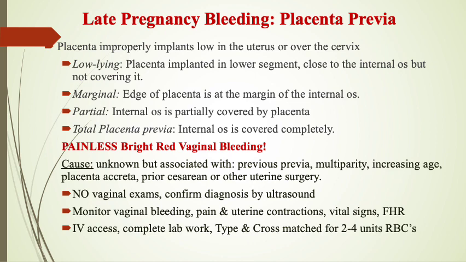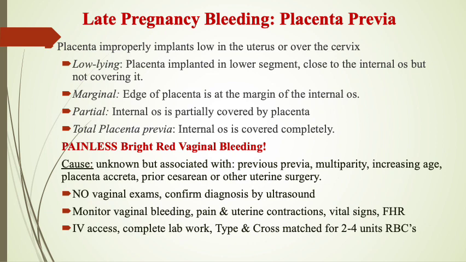What do you do when a patient presents with this painless bright red vaginal bleeding? Well, your intervention should include no vaginal exams. So you need to keep your hands in your pockets. No vaginal exams. You need to confirm the source of this bleeding by using ultrasound. So the confirmation of this diagnosis of placenta previa is done via ultrasound.